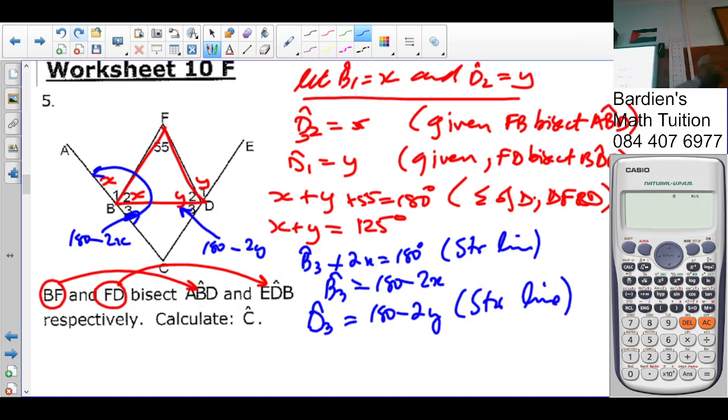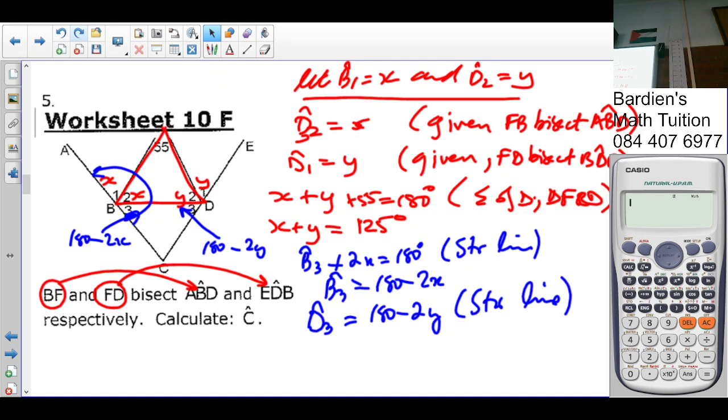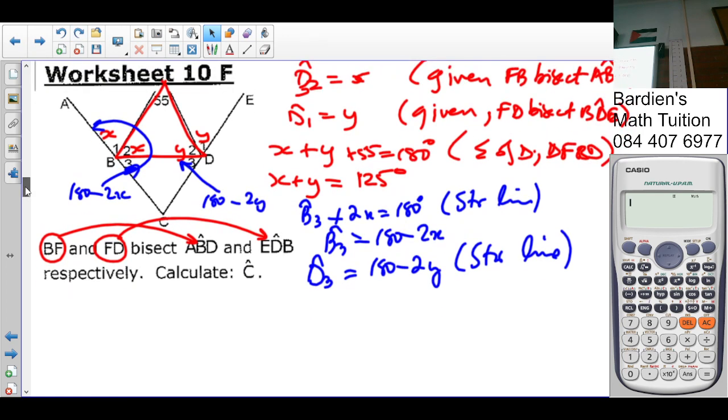So what you should note at this point is that D3 plus B3 plus angle C adds up to 180.